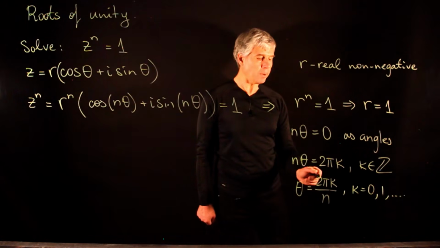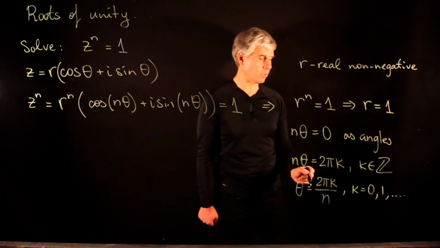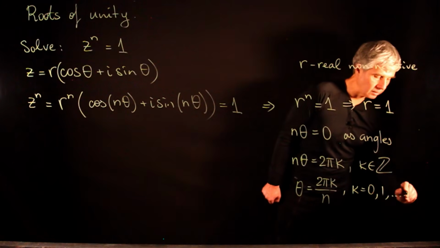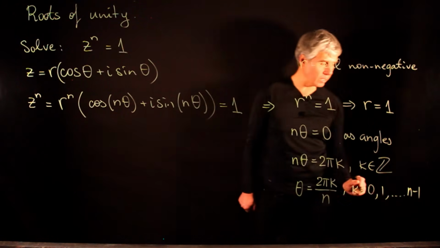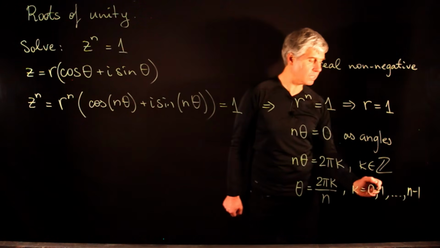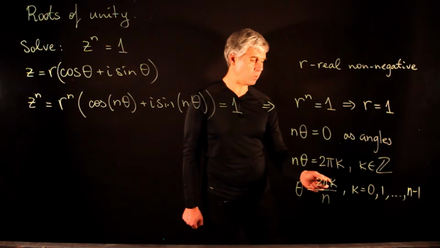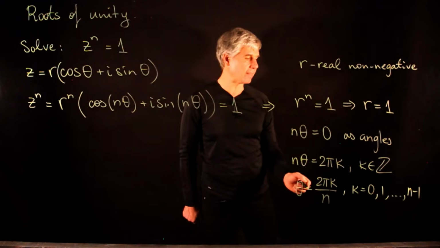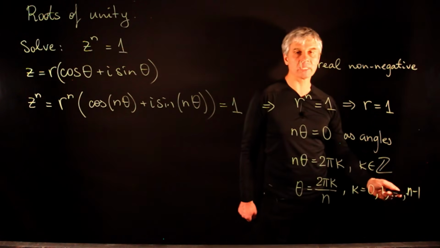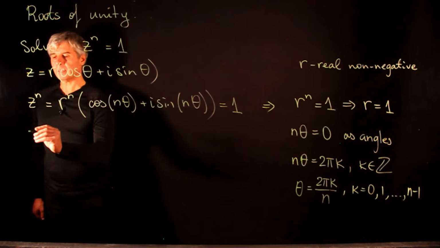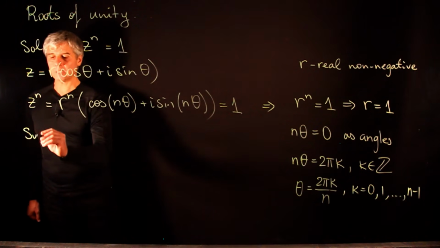But the angle 2 pi is the same as the angle 0. So this means that the distinct solutions will be only when k goes from 0 up to n minus 1. And the value of k equals minus 1 will give the same angle as the value of k equals n minus 1.